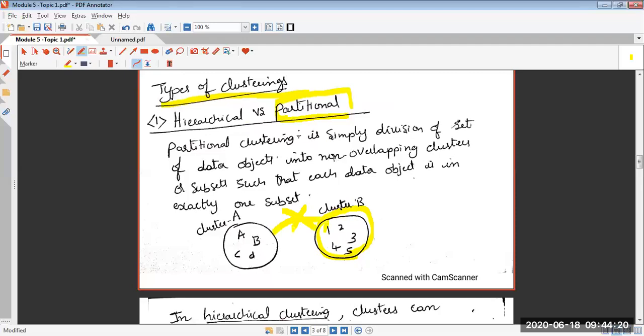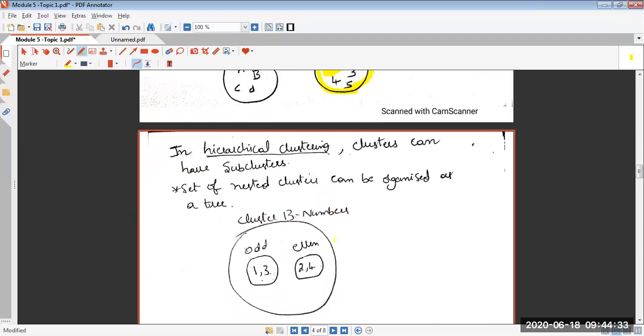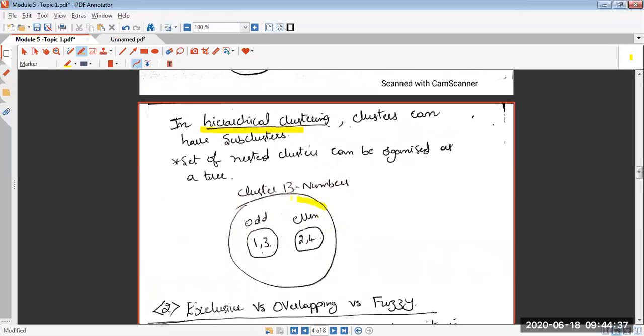It is exclusive. Second one, you do not find any subsets inside. That is partitional. In hierarchical, it is the other way around, meaning that in a single cluster you can have smaller clusters. You can see here. This is hierarchy.